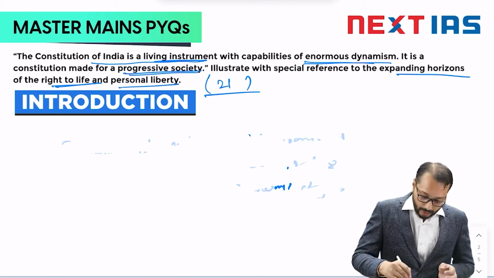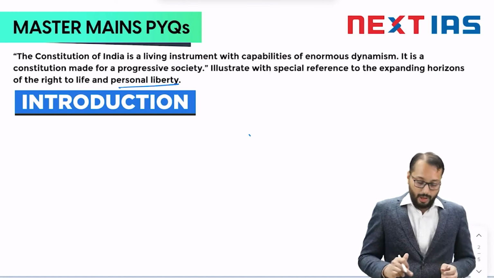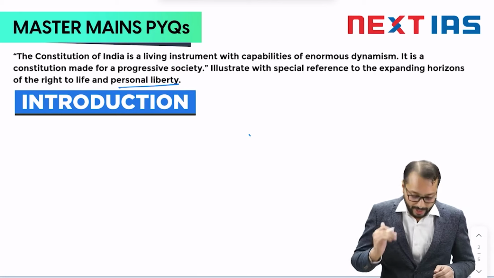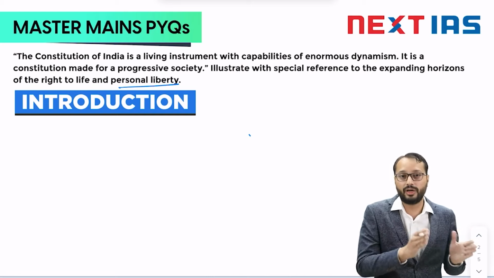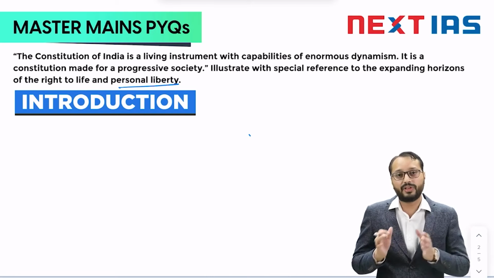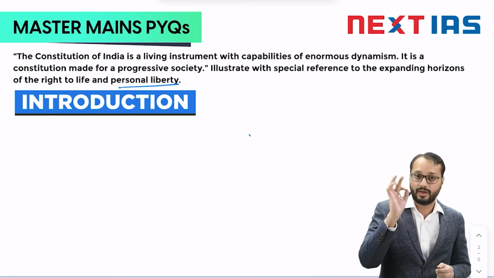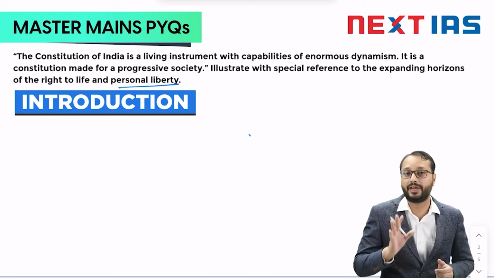Now moving on to your body. Before moving on to the body, I just want to bring this to your attention that you have to take into consideration the context along with the question. So the context is hinting towards dynamism, living instrument, and progressive society.